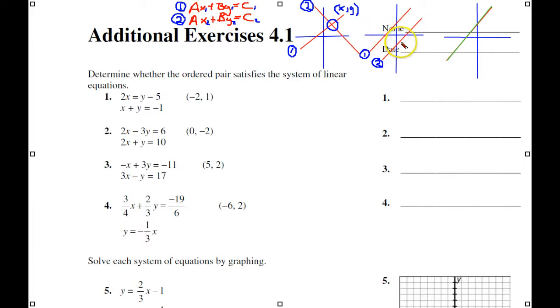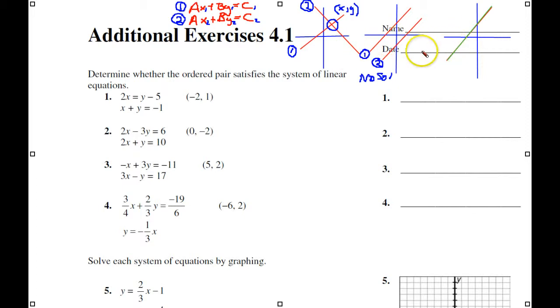And the answer is no. And what's going on here? Well, the lines are parallel, so there are no solutions. And we say these equations are independent, but they're inconsistent because you have no solutions.